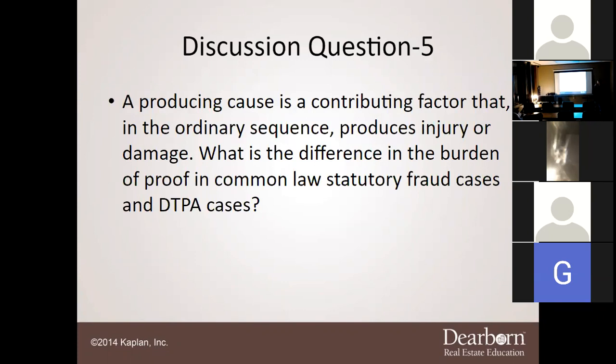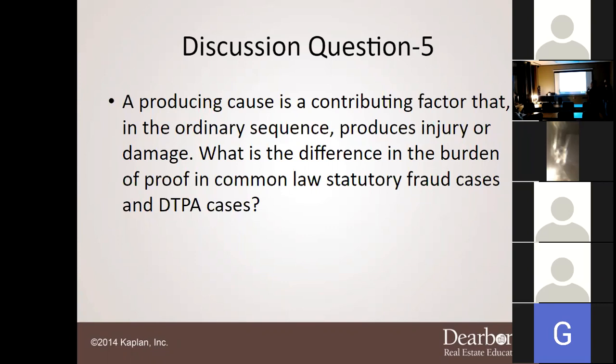A producing cause is a contributing factor that in the ordinary sequence produces injury or damage. What is the difference in the burden of proof in common law statutory fraud cases and DTPA? Ms. Sheldon, what do you think, girl? I think my brain is fried. Yeah, I hear that. I'm with you. All struggling.